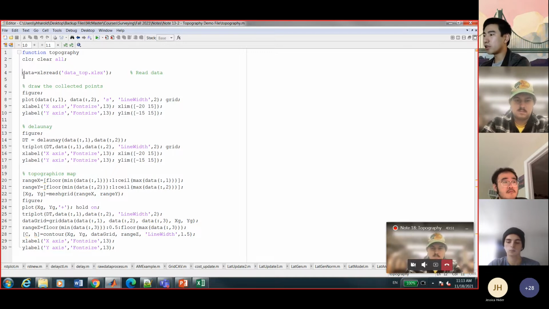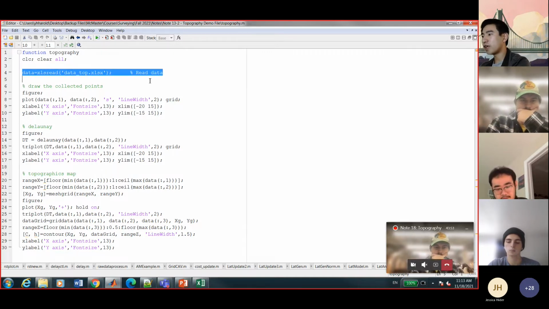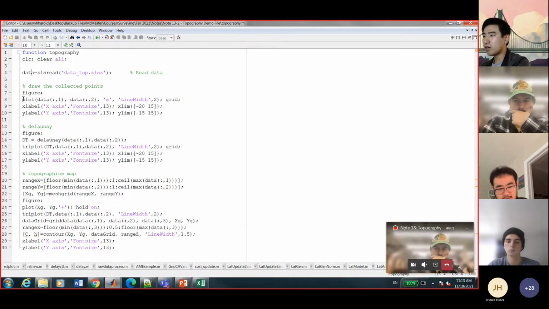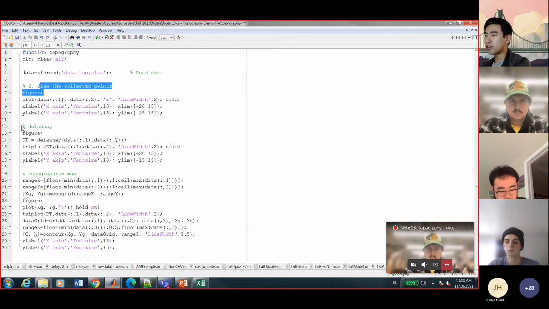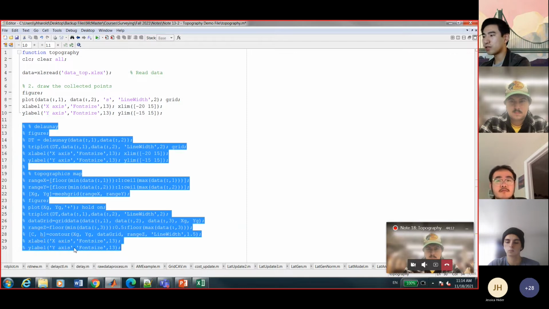The first part is reading the data from the Excel file. We have the function to read the data directly from the Excel file, and the data is stored in this code as data. Now we have the second part, about drawing the collected points. I'm commenting out the other parts so that you can know what happens.